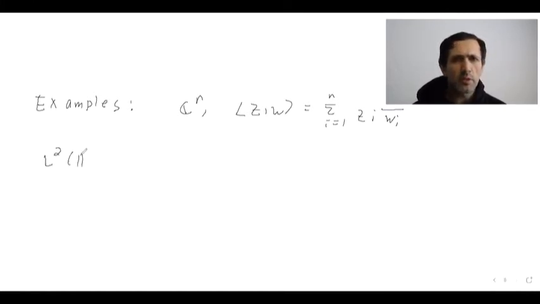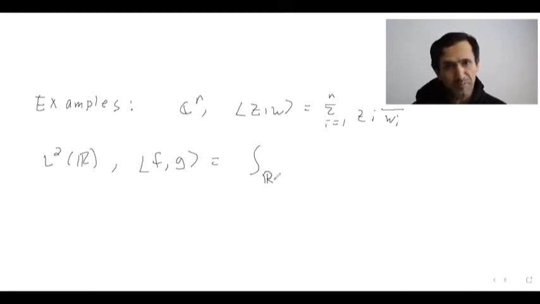Of course, L2 has a natural inner product. Just integrate over the real line, or really any L2 of any measure space. Or here it could be any interval, whatever.